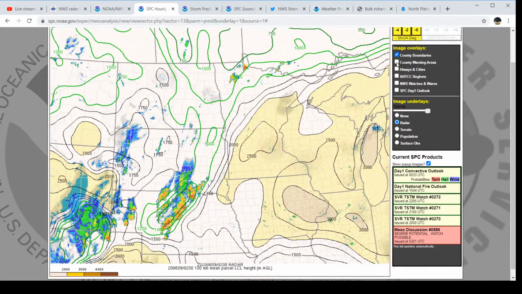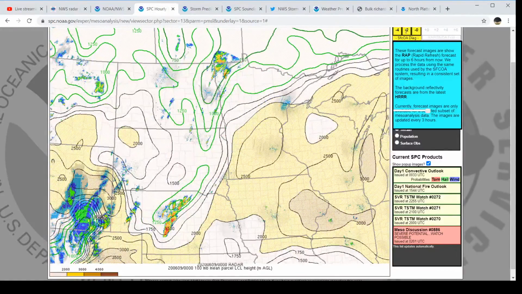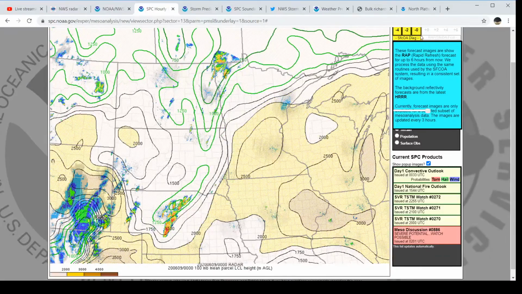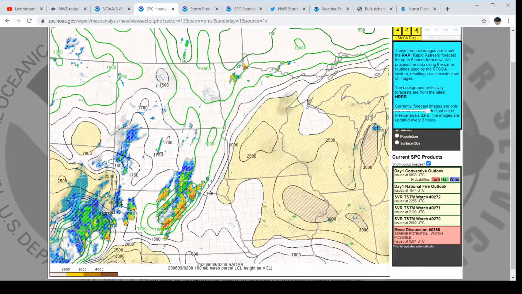Okay, let's see what happened a few minutes ago. As we can see, the higher numbers are back here with these new storms firing up, about 1,500 meters above ground level from the ground up.